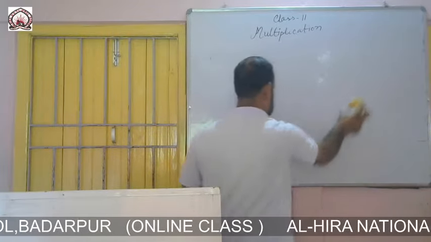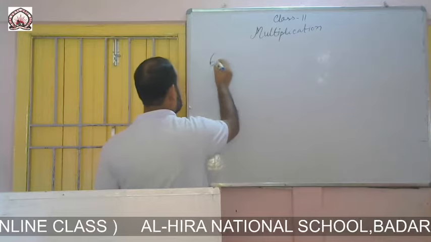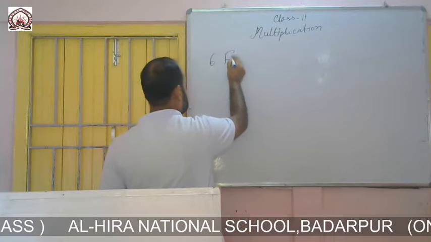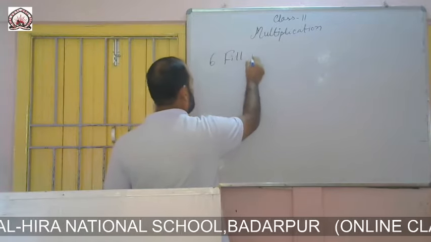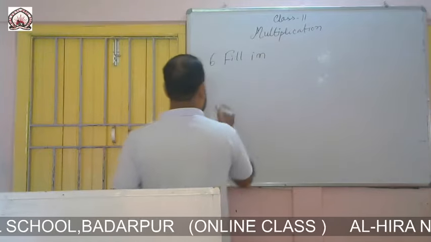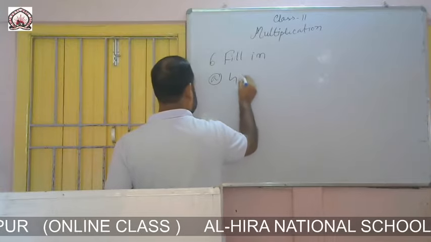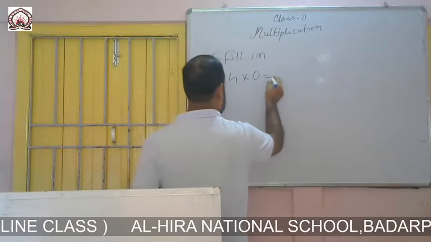Now question number 6. Fill in. Question number A: 4 into 0 equal to dash.